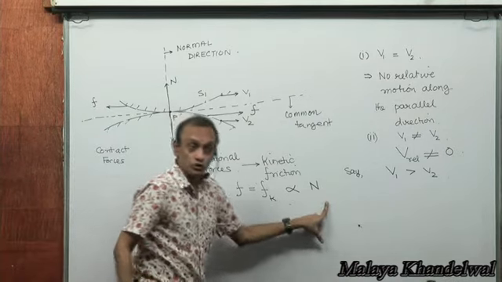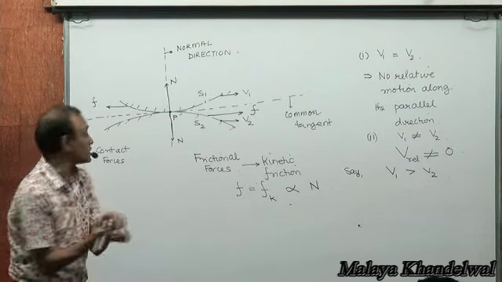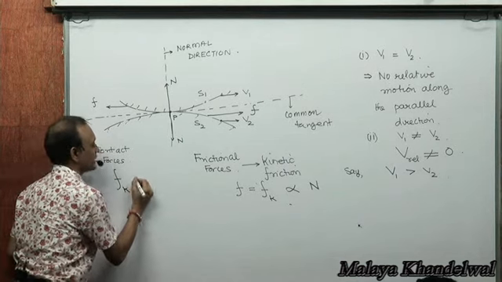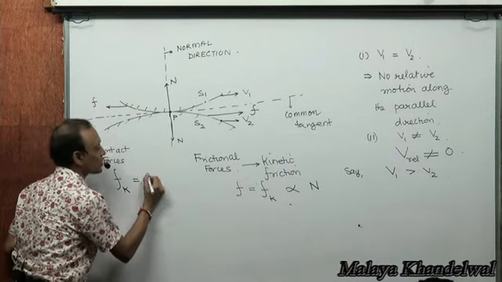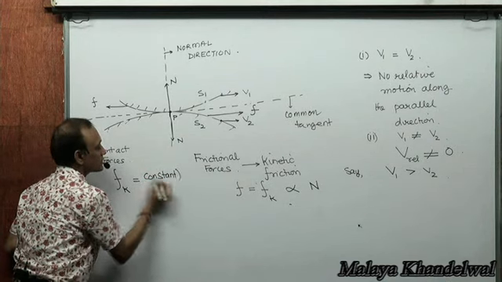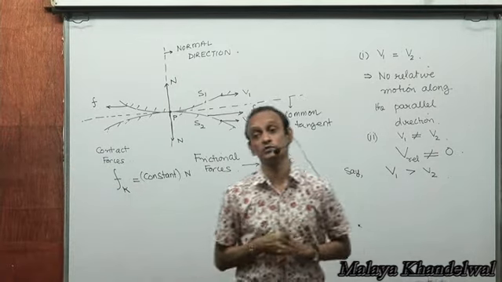If Fk is proportional to N, kinetic friction proportional to how hard they press against each other, then this Fk can be written mathematically as a constant times the pressing force between the two surfaces.